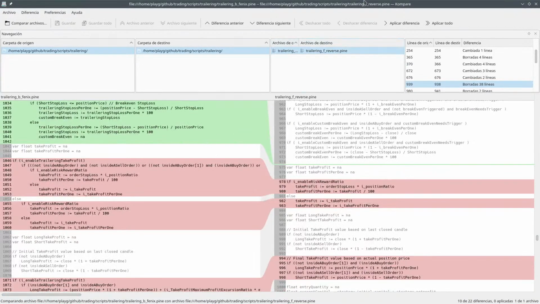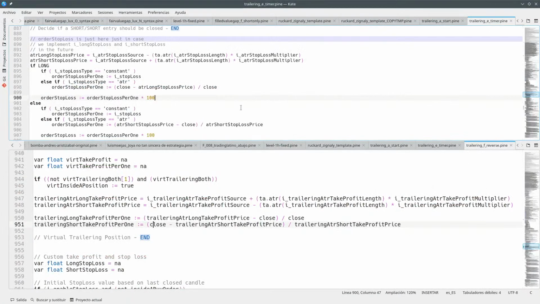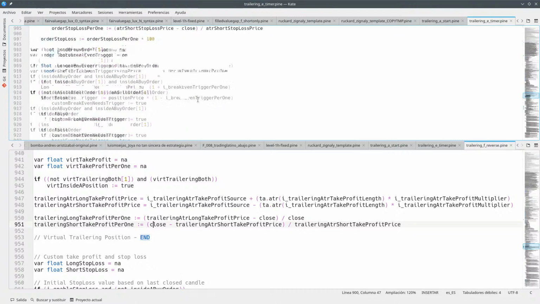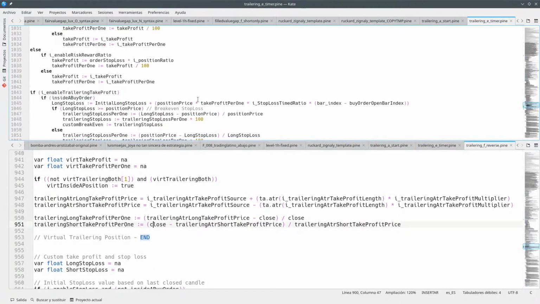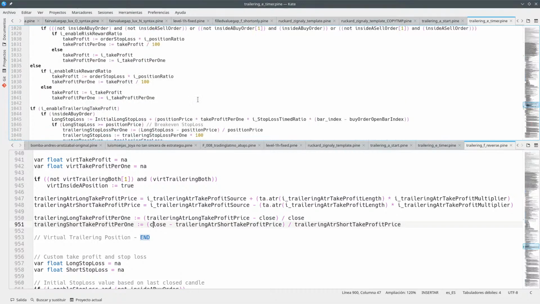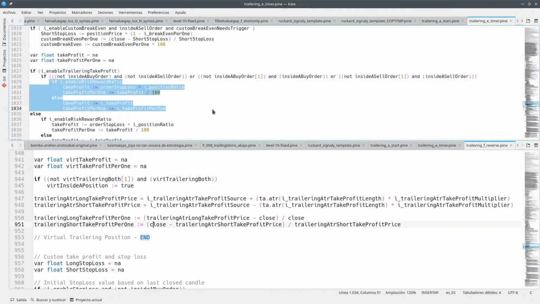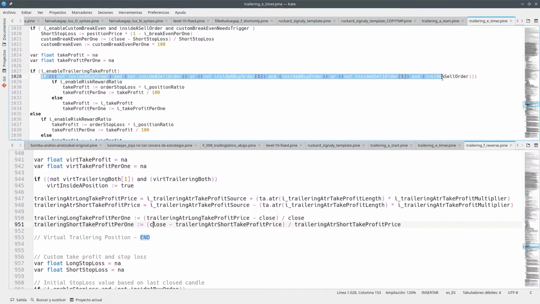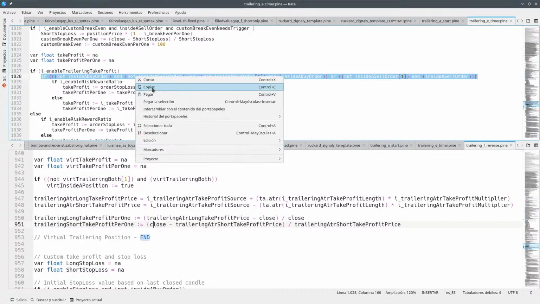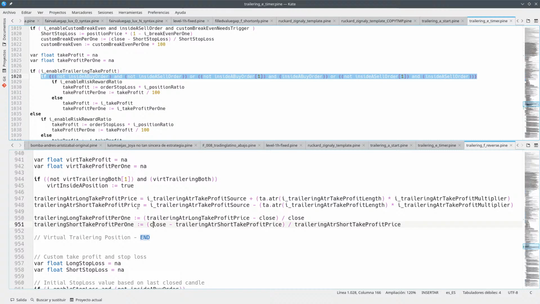So let me find this condition on this timer line, which is something like line 1000 something. Okay, this is timer. Okay, this is a calculation about take profit per one. We want to copy and paste all of this condition, because we don't want to modify this if we are not in a virtual... what's the name, position.